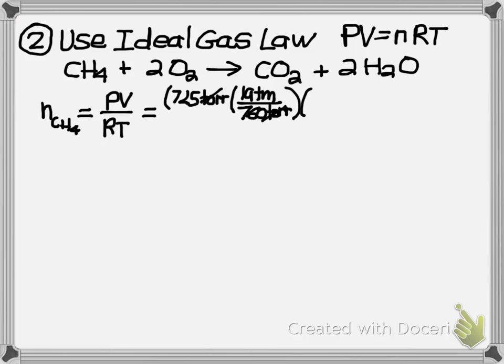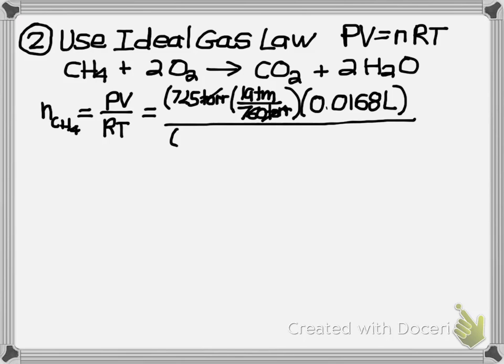Then we'll multiply it by the volume, which has to be in liters, and the volume they gave us originally was 16.8 milliliters. Then you divide by the ideal gas constant, and divide by the temperature, which was 35 degrees Celsius, so it's 308 Kelvin.